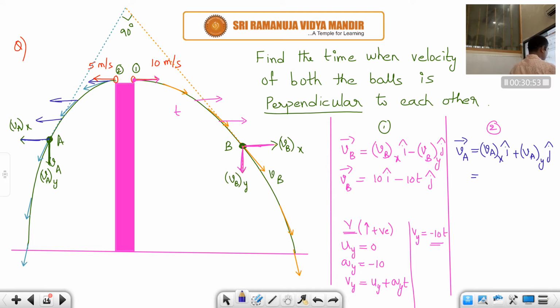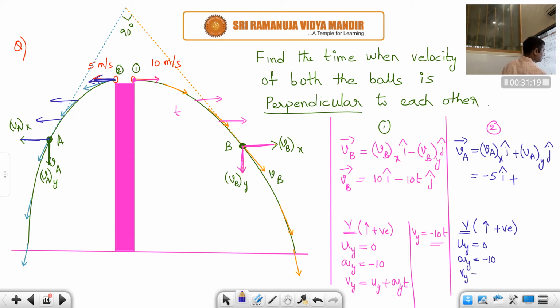Of course here we are taking right side as positive, and it is going left side, so that's why it's very important: minus 5 i cap plus velocity in y direction. Here also, in y direction, we can take upward as positive. What is the initial velocity in y direction? 0. This vector has no y component, correct or not? And ay is equal to minus 10.